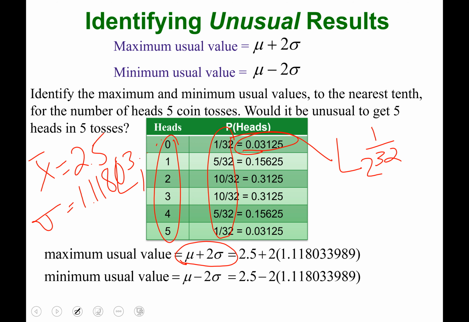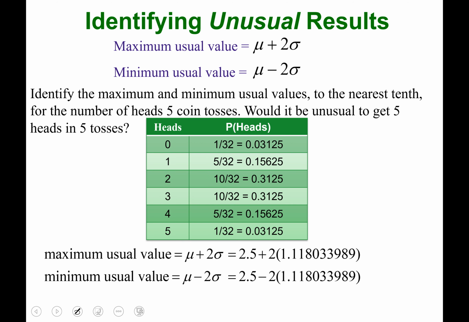Okay, it looks like this. The 2 is because we have to go 2 standard deviations out to determine the maximum usual and the minimum usual. This came from our calculator, and so did this here.